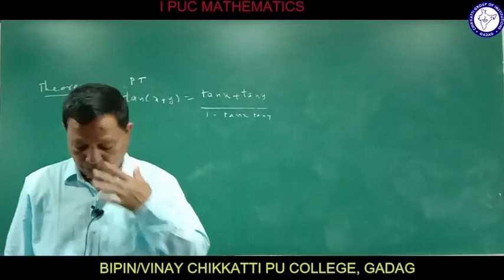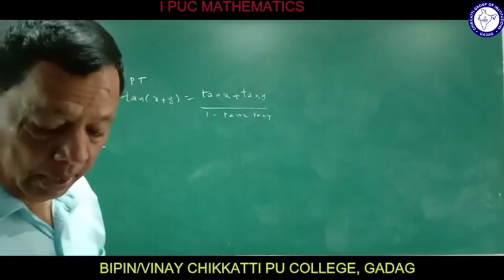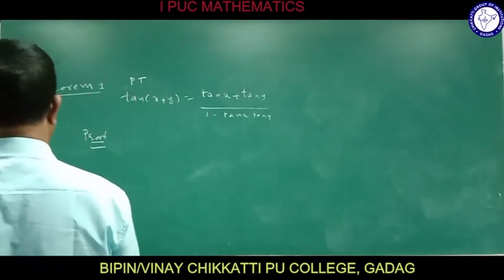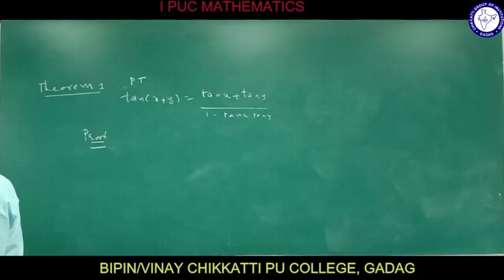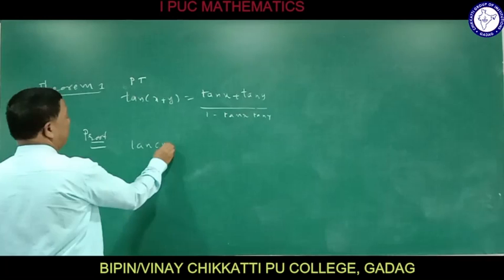Once you prove this formula, accordingly using the trigonometrical identities you can go for proving tan of x minus y. So now I have to take it very easily: what is tan of x plus y? It looks very simple the way I am taking it.